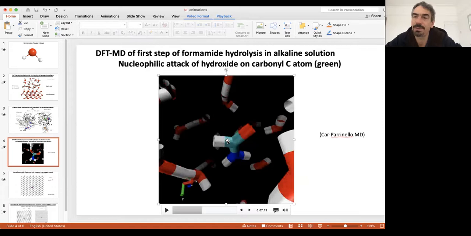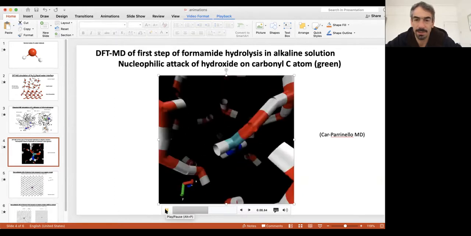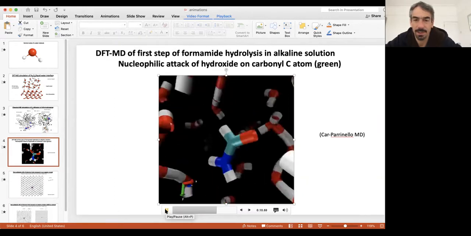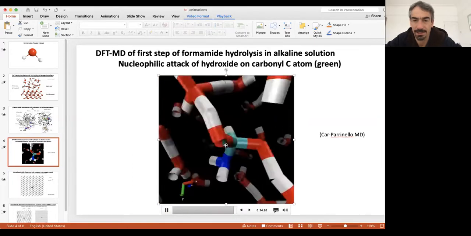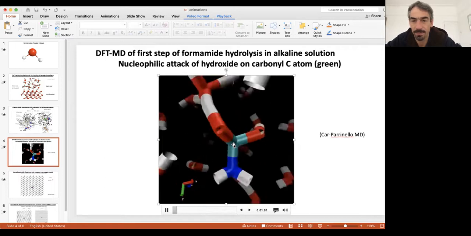That is the first step of the hydrolysis of that molecule. So let's just see. This is the movie, and here you see this OH minus, how it attacks that carbon atom.